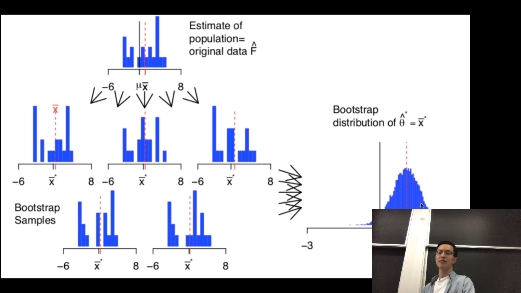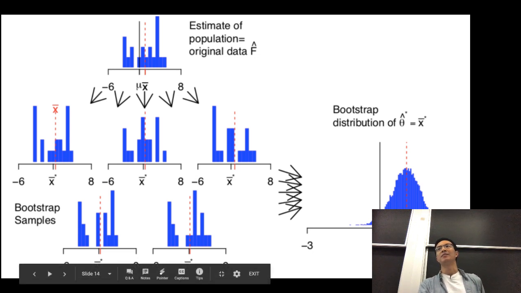Because the spreads are similar, we can use this distribution to make confidence intervals. To make a confidence interval, I'll do this procedure, and then my 95% confidence interval will be the interval that contains 95% of my values here.